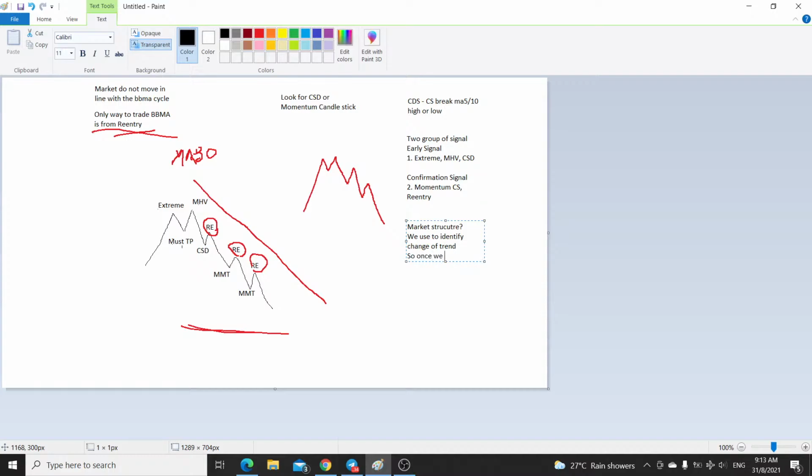Once we see a momentum candlestick, the probability of trend changing is on our side. However, there is no guarantee that the price will move in our desired direction.